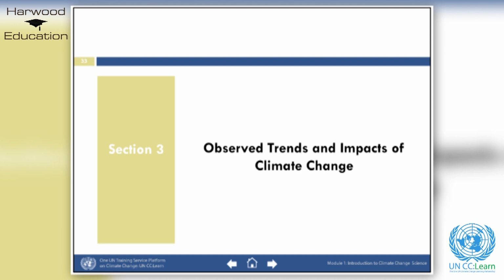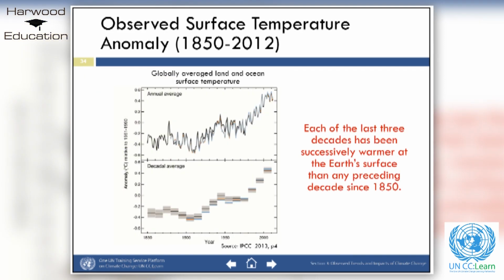The section concludes with a discussion of whether the recent increase in extreme weather events, such as cyclones and floods, can be attributed to anthropogenic climate change.